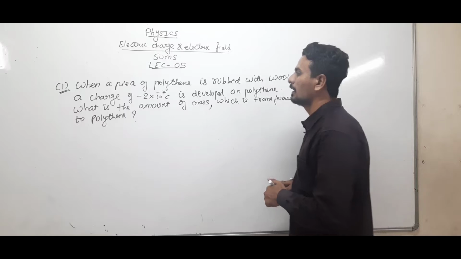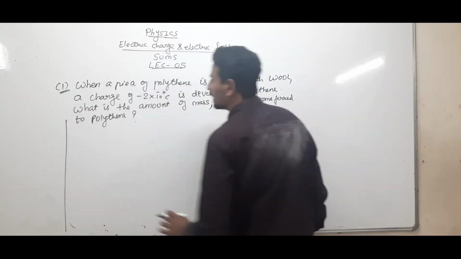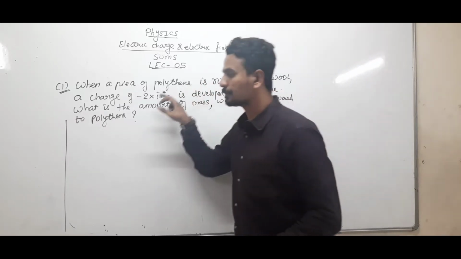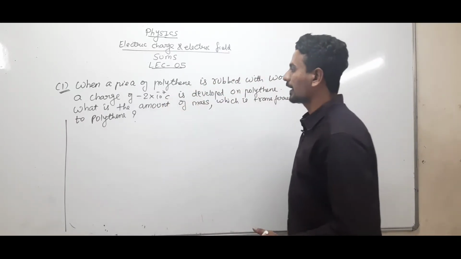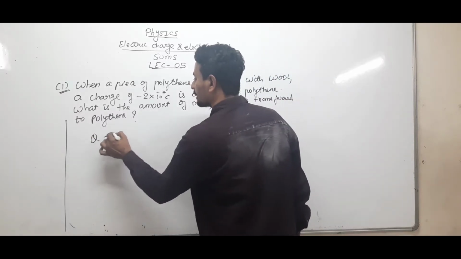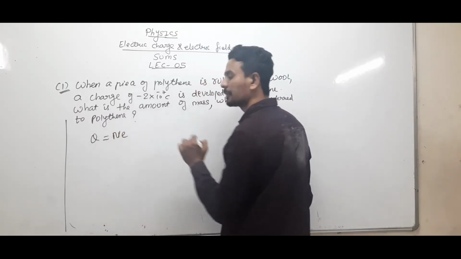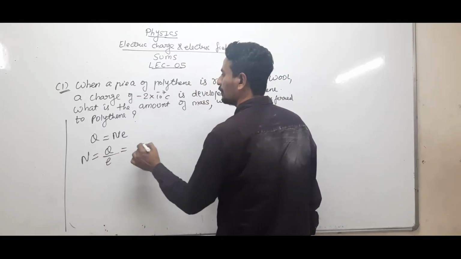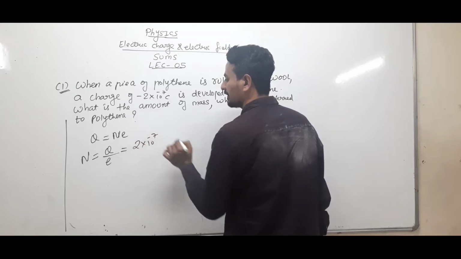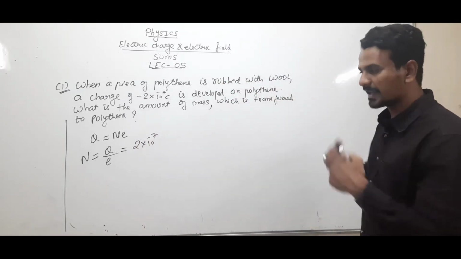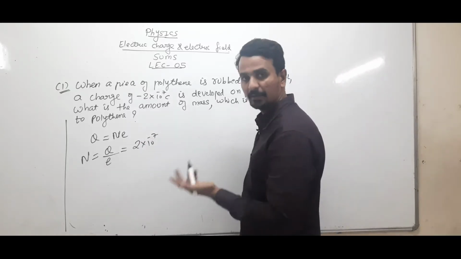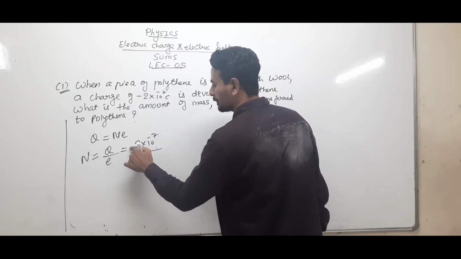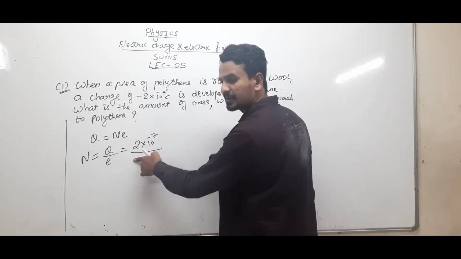Okay, first of all we'll find how many electrons have been transferred from wool to polythene, right? We'll do it with the help of the quantization formula, Q equals to NE. So the number of electrons transferred will be Q by E. Q, what is the charge developed? 2 into 10 raised to -7. The negative sign shows that it is gaining electrons, but we have to find the N number. So you can put a negative sign over here, and even the charge of electron is negative.